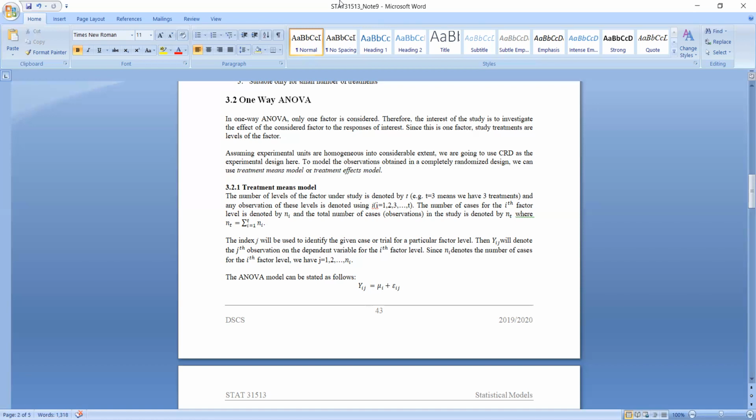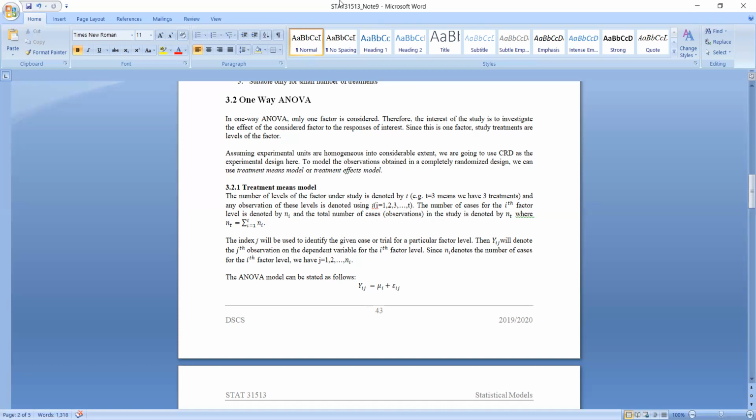Now since in ANOVA we take the treatments as levels of the factor, we denote the number of levels of the factor by T, that is the number of treatments you have in your study. Any treatment can be denoted by i, so i goes from 1 to T, since you have T number of treatments.